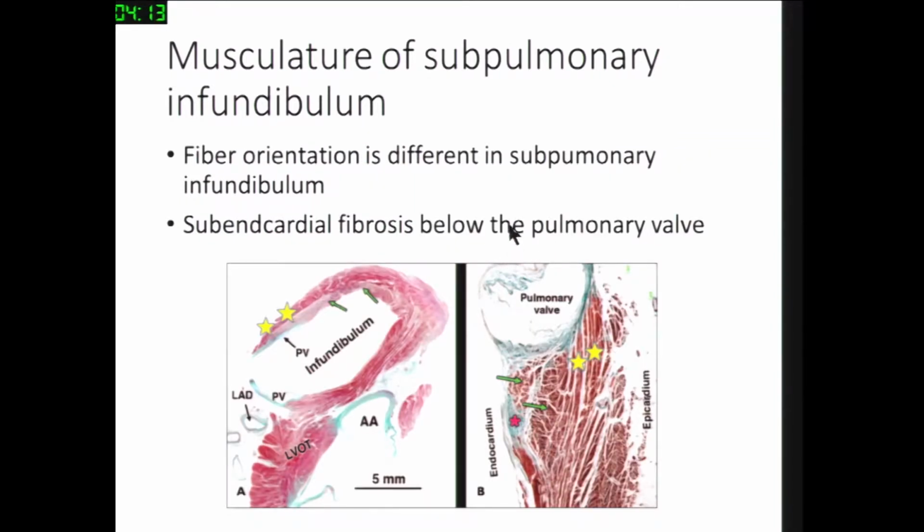On microscopic findings at the subpulmonary infundibulum and pulmonary valve, the myocardial fiber orientation is longitudinal at the epicardial area, and circular along the pulmonary valve in the subendocardial area. Sometimes some endocardial fibrosis can be found microscopically, and I think it may be the cause of arrhythmia foci along that area.